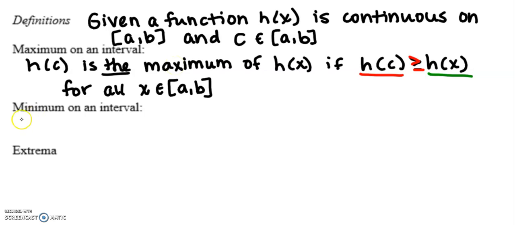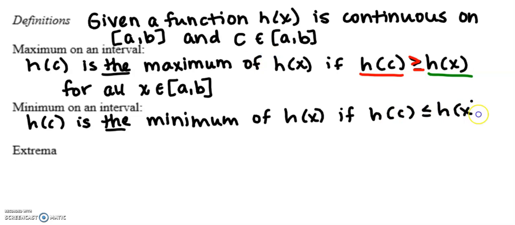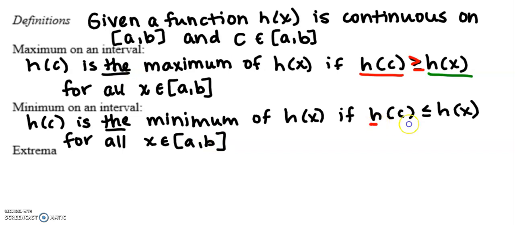Similarly, a minimum on an interval: h of c is the minimum of h of x if, this time, h of c is less than or equal to h of x for all x on the interval from a to b. So this time, h of c is less than or equal to. They're the shortest in the room, if you will, when comparing to all other heights of the function.